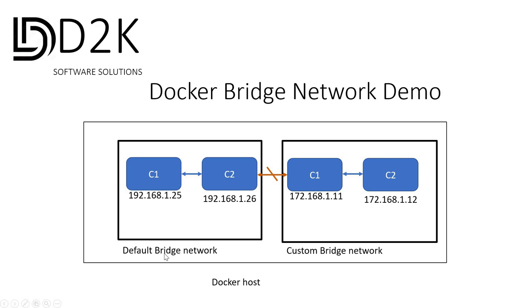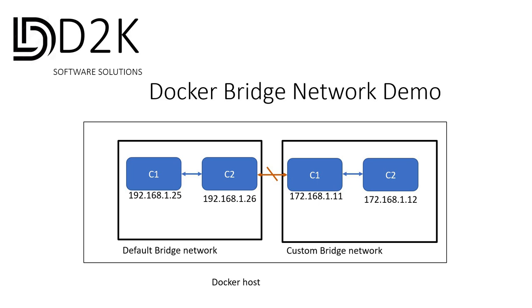In the first case, I did not specify the network type for the container, so it takes the default. Then I will create a custom network and assign it to these containers. By right, these two will communicate since they are under the same network. So we will see in the demo. First we create the default bridge network containers, then the custom bridge network, and verify whether the two communicate or not.